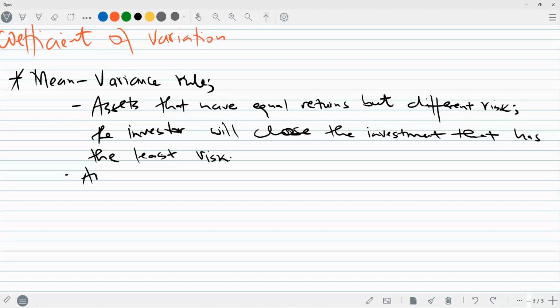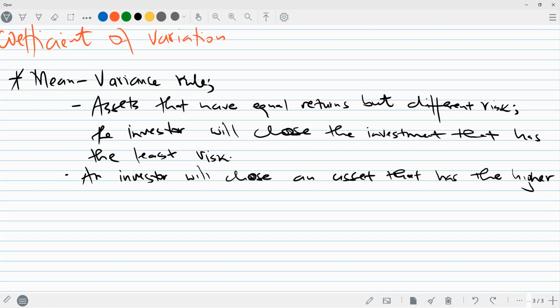Therefore, an investor will choose an asset that has the higher return.